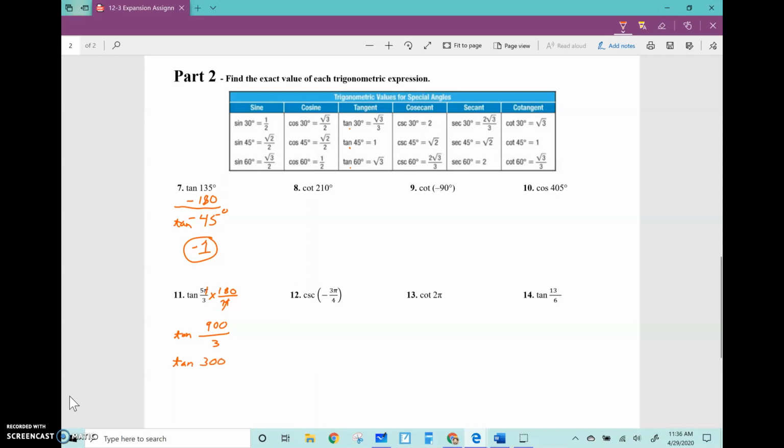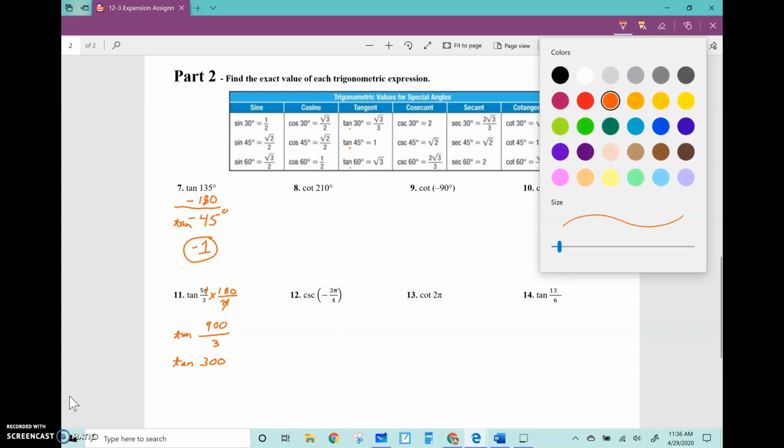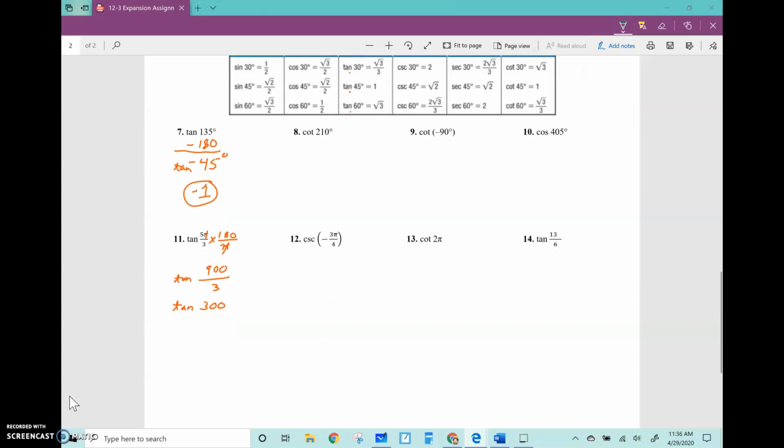All right, and I'm still kind of outside of that zone of tangent. I need to be in the zone of 30, 45, or 60. So we're going to subtract 180 from it. Now I end up with 120. I'm still not in that zone, so let's subtract another 180.